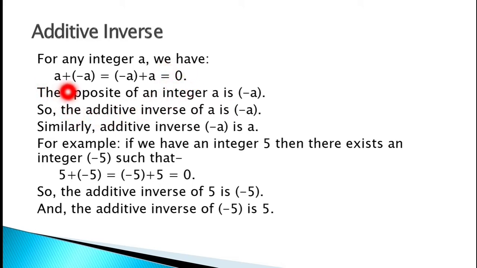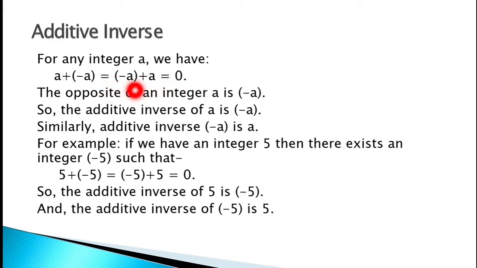So from this expression, that is a plus minus a, you can say that minus a is the opposite of a, and minus a is such an integer which when added to a gives the result of 0. That's why we can say the additive inverse of a is minus a.